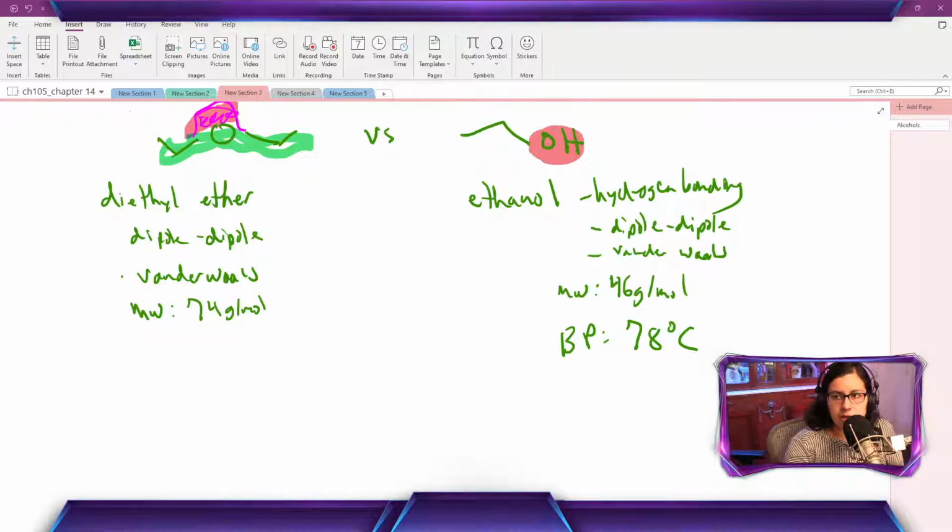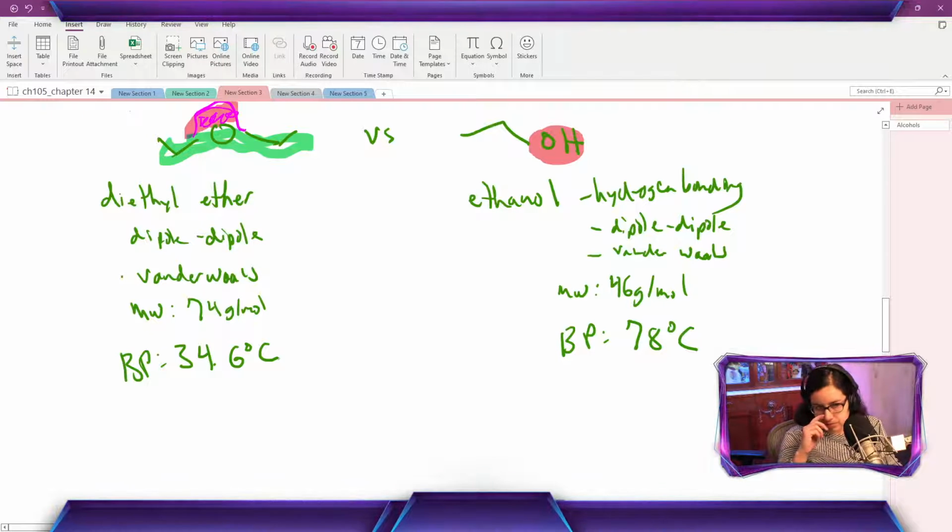For diethyl ether, the boiling point is 34.6 degrees Celsius. That's fairly significant, and again, that's mainly due to the hydrogen bonding.